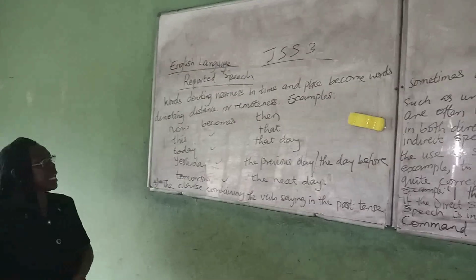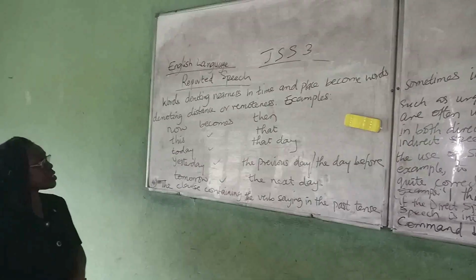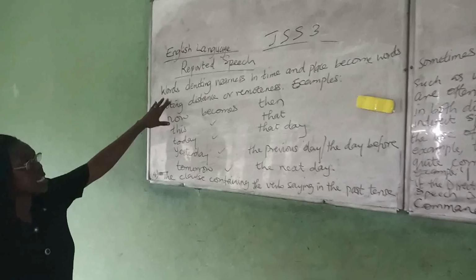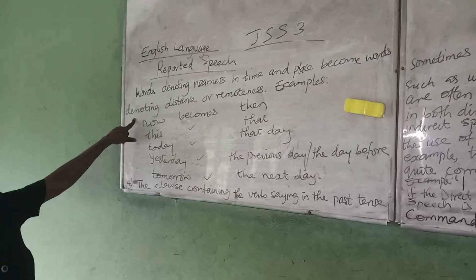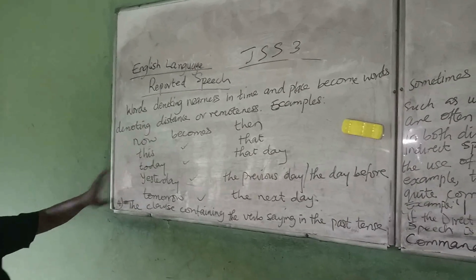So we have been talking about changes that take place in reported speech. Words denoting nearness in time and place become words denoting distance or remoteness. For example, now becomes then.